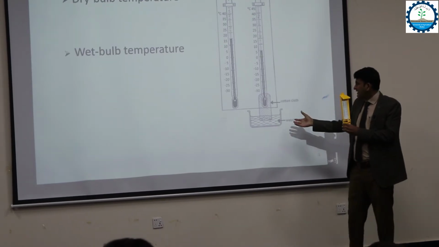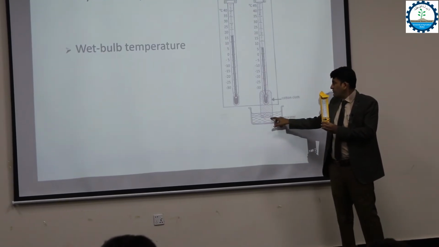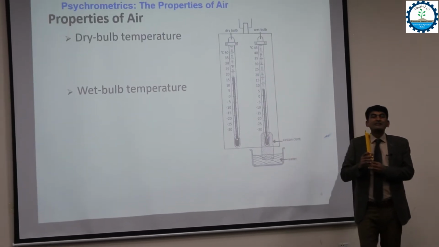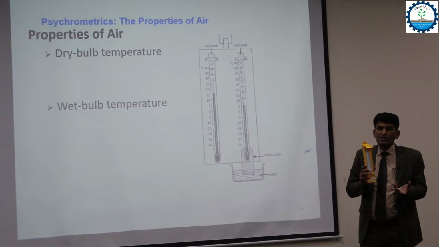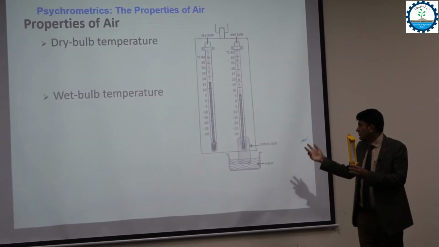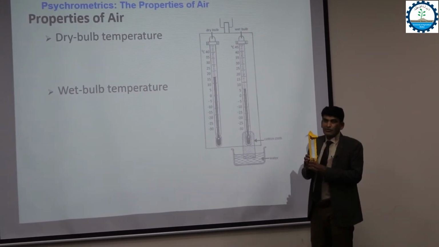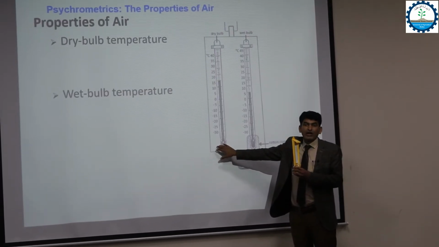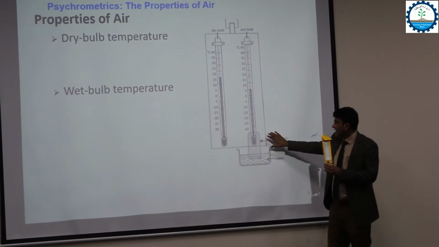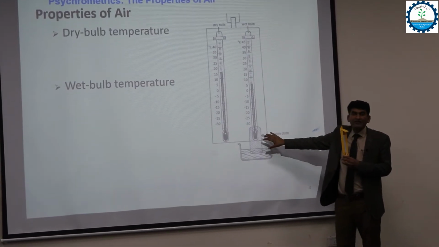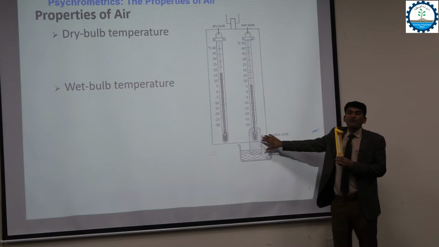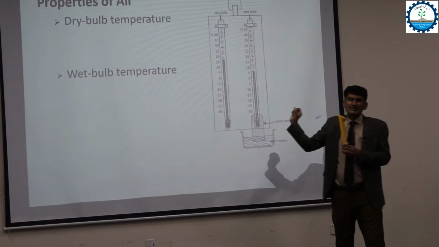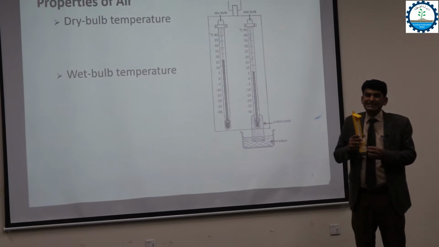So what happens here? The water is absorbed in this wick, and the bulb environment is fully saturated with water vapors. So you will get two temperatures with these thermometers. One in a normal condition, that will be the dry bulb temperature, and the second one with the wetted wick, that will be our wet bulb temperature. You can also see the names are given as per their characteristics or structure.